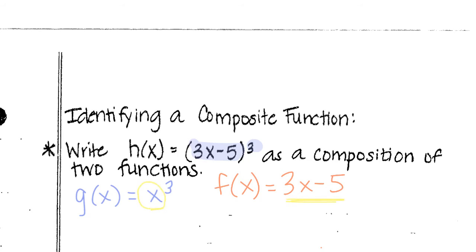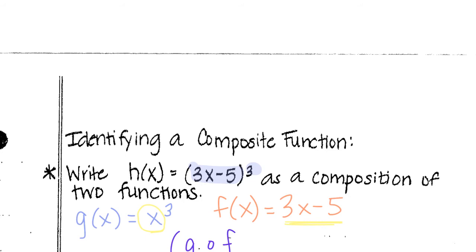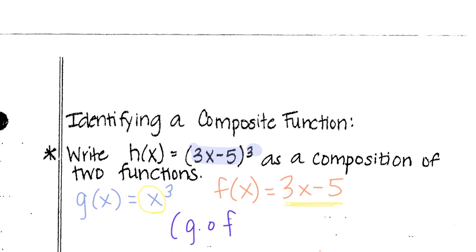So would it be f of g of x? Or would it be g of f of x? So you actually have to write all of this on your own. So notice because I put the f inside of the g, it would be g of f of x. I'm sorry. Again, I don't have my Apple Pen today. But you would have to state this one and this one to get the answer.